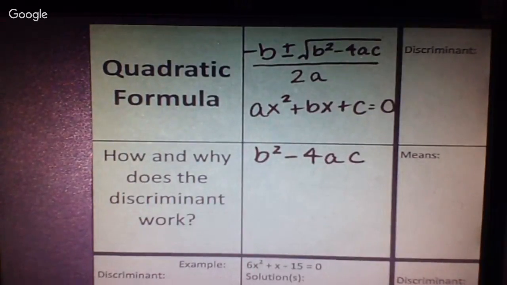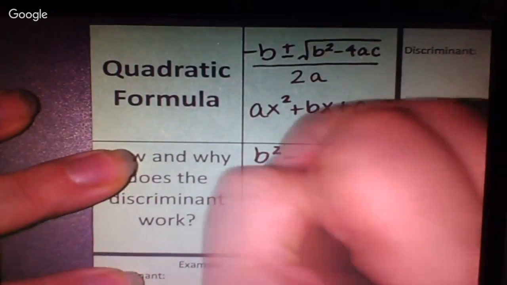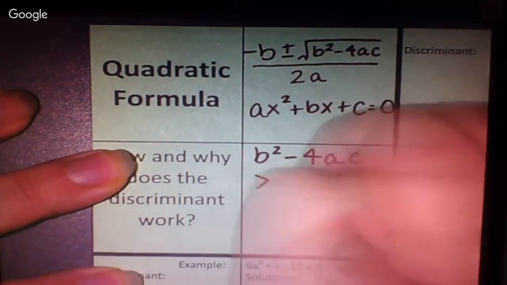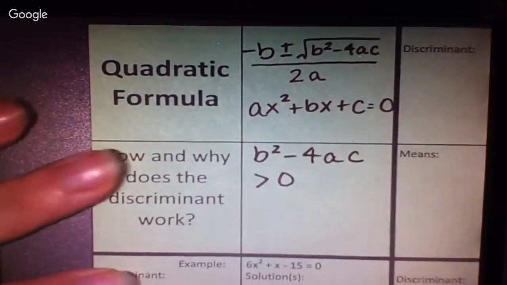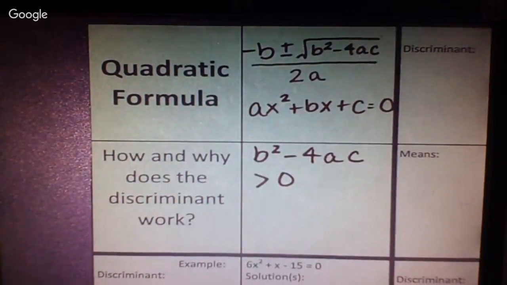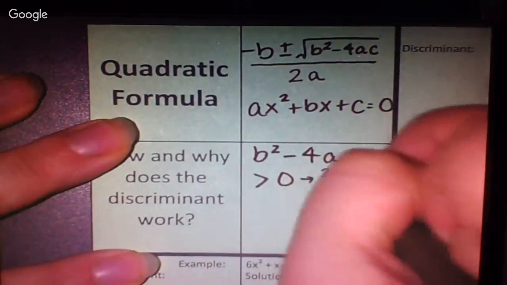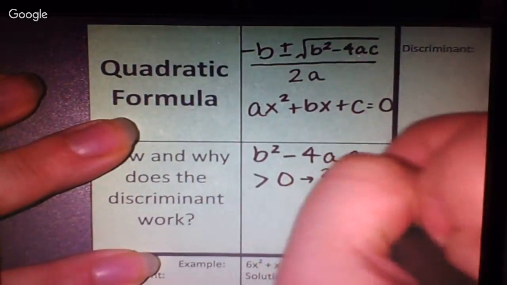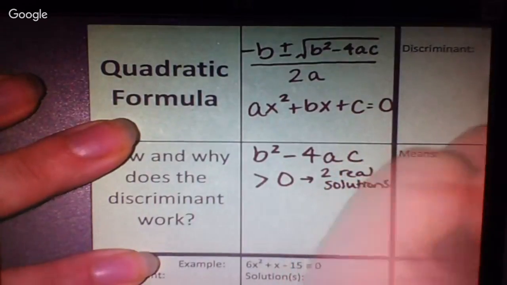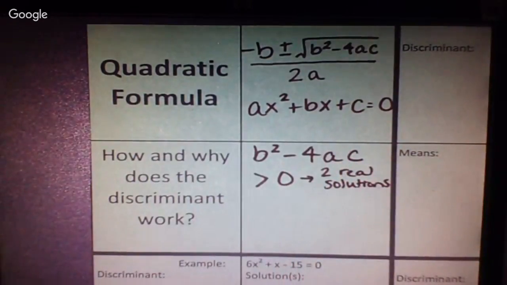If you end up where your discriminant is greater than 0, if the answer comes out to be greater than 0, you have 2 real solutions. If you end up with a positive number, that means that your graph crosses the x-axis twice.